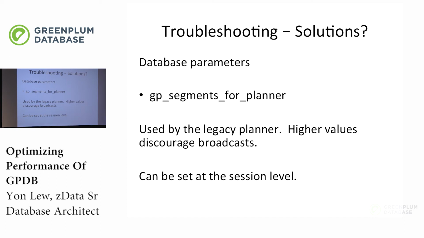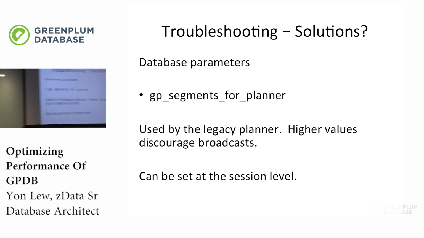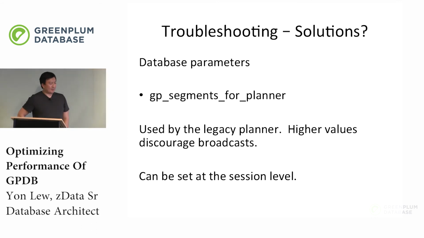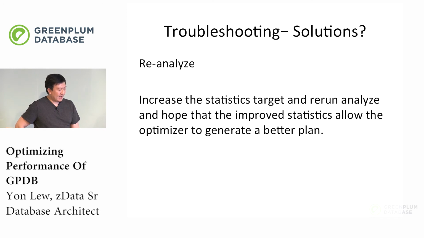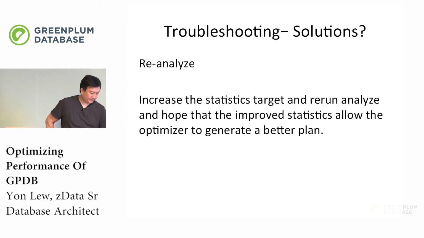This is used by the legacy planner, not by Orca. It basically tells the optimizer how many segments are defined in the cluster. So higher values would tend to discourage broadcasts, lower values would tend to encourage broadcasts. And it can be set at the session level, like most of these database parameters. So we tried that, and unfortunately it didn't work.